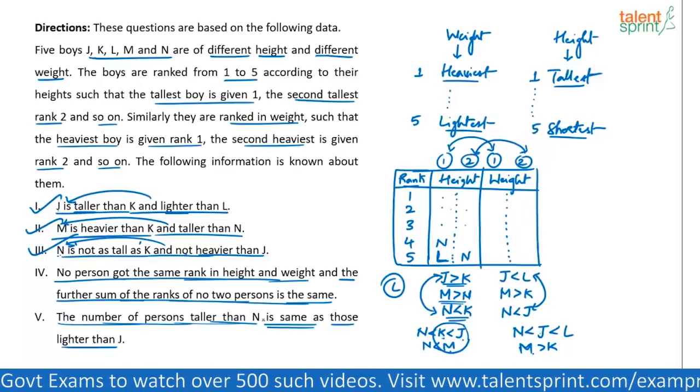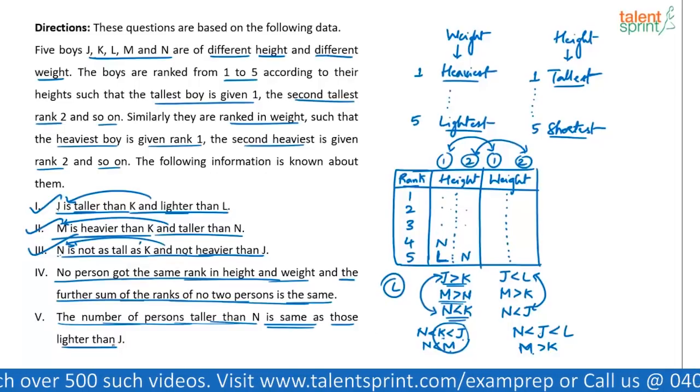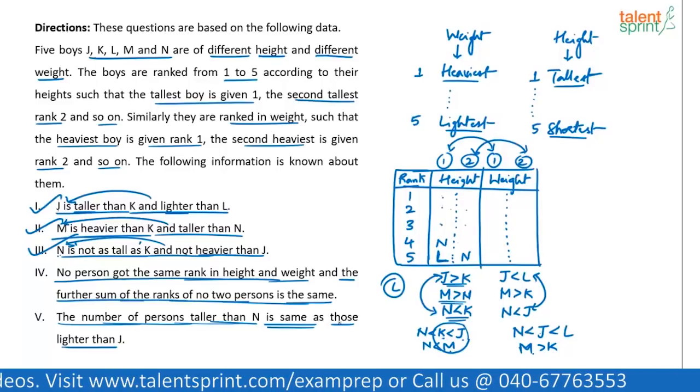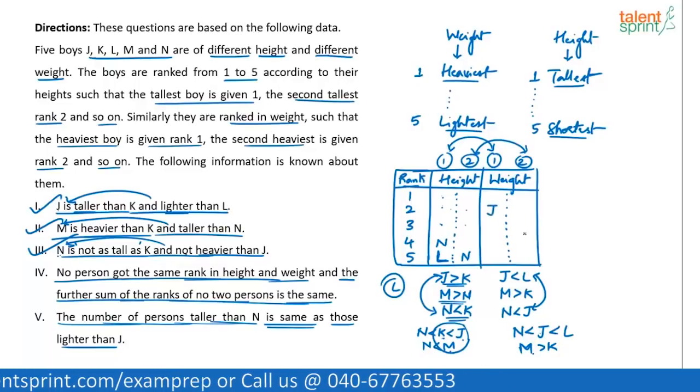He says number of persons taller than N is same as those lighter than J. How many persons are taller than N? 1, 2, 3. If 3 persons are taller than N, there should be 3 persons lighter than J, meaning J's rank will be 2.